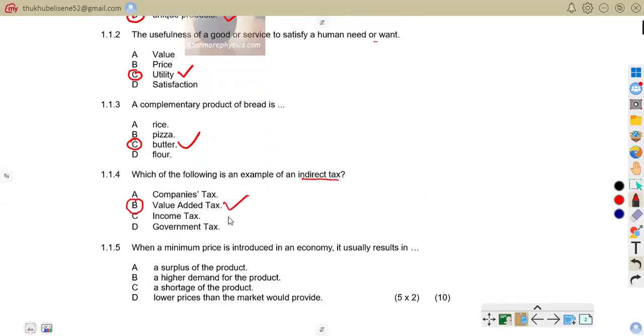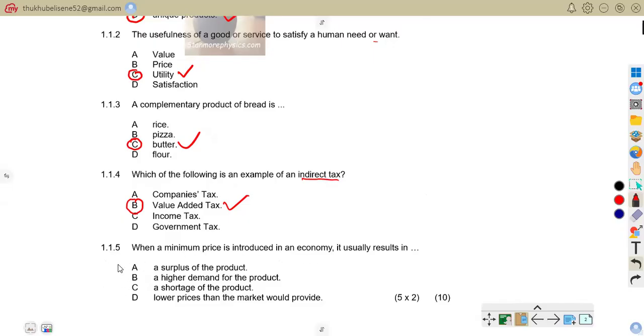Value-added tax is an indirect tax added to the price of goods and services. You can talk of VAT on groceries, on non-zero-rated items, or value-added tax on clothing purchases. So it's an indirect tax added to the price of goods or services. Hope we are together, people.